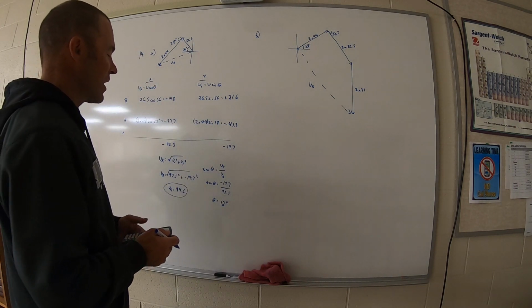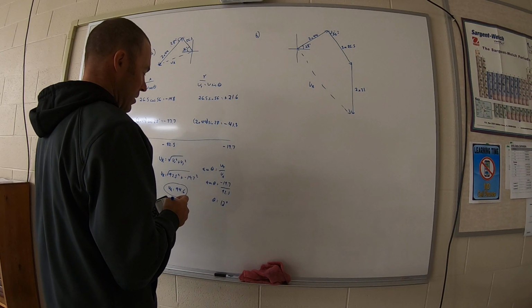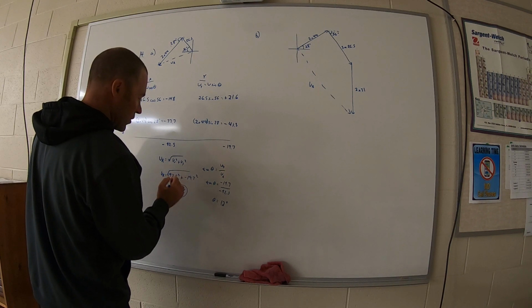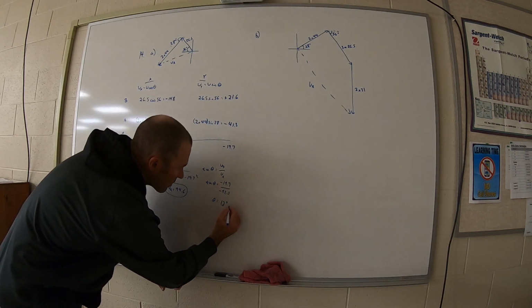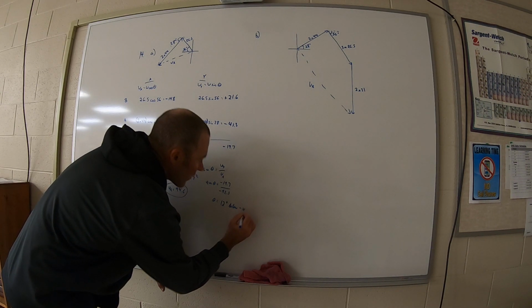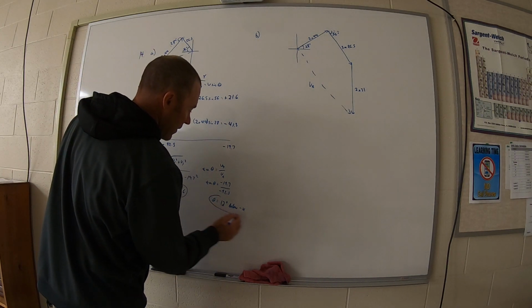And since y is negative and x is positive, sorry, y and x should both be negative. We know it's quadrant 3. So 12 degrees below the negative x-axis. So that's the answer to A.